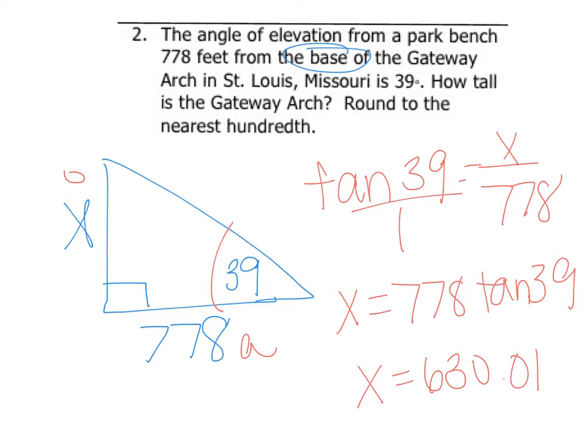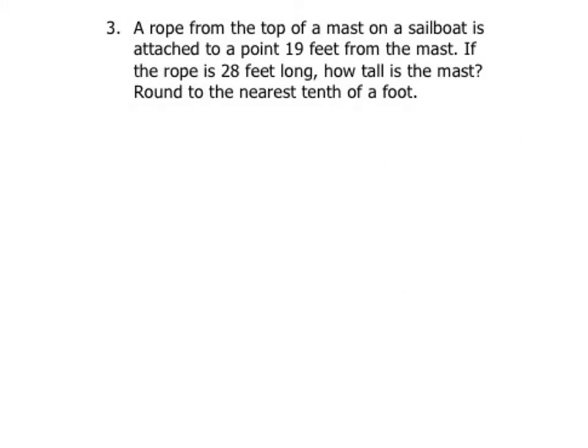Next question. 3 says a rope from the top of a mast on a sailboat is attached to a point 19 feet from the mast. If the rope is 28 feet long, how tall is the mast? Round to the nearest foot. Start by drawing that right triangle, and let's see what information we're given.